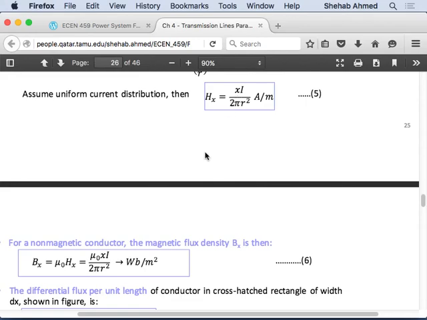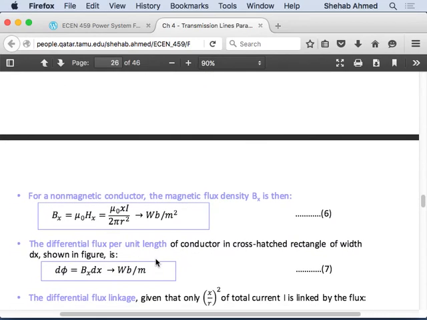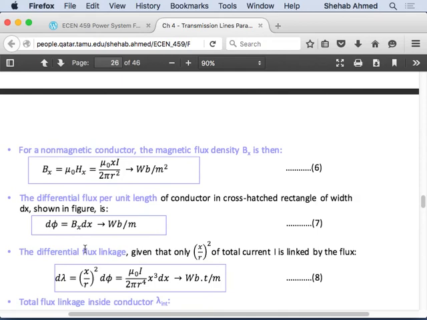And then you do what? We want to calculate the total flux in a certain cross-sectional area of the conductor. We know that the relationship between flux and flux density is defined by the integral of the flux density over the full area.